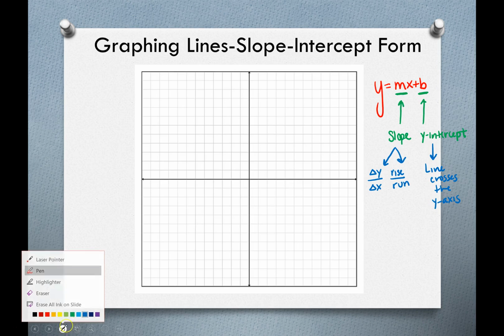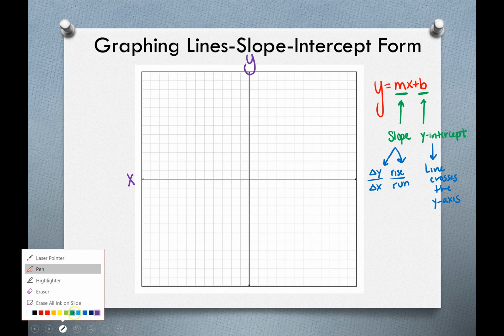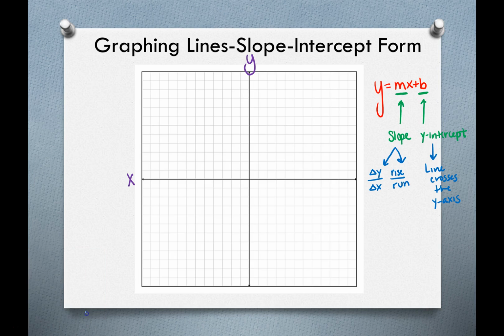Now we can label our axes. This would be our x-axis, and this will be our y-axis. And the first step that we're going to do to graph a line in slope-intercept form is always going to be to plot the y-intercept point.